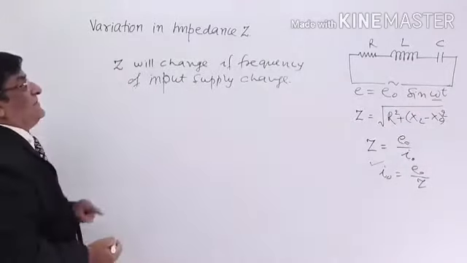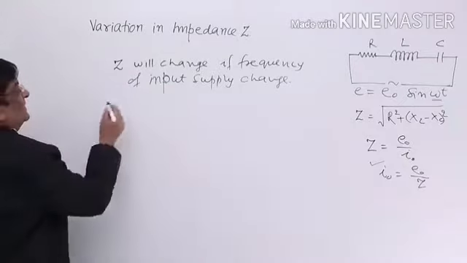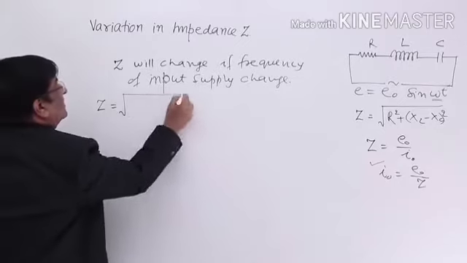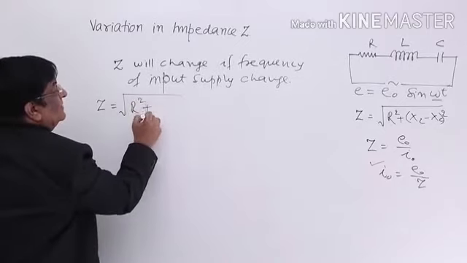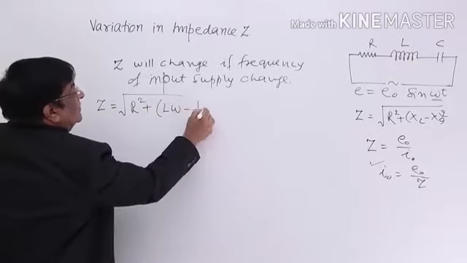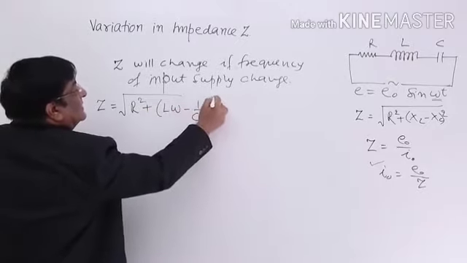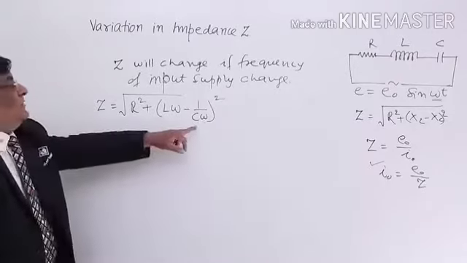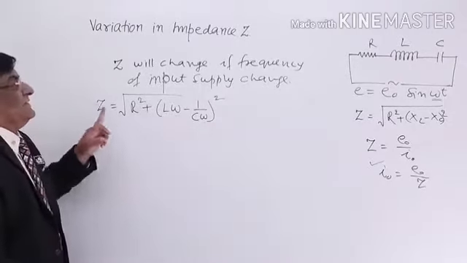How does this affect Z? Here is the equation: Z is equal to root of R square plus (L omega minus 1 upon C omega) whole square. So this omega is affecting Z.